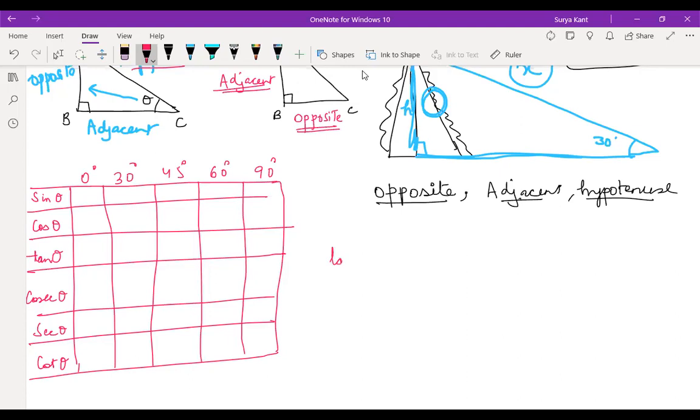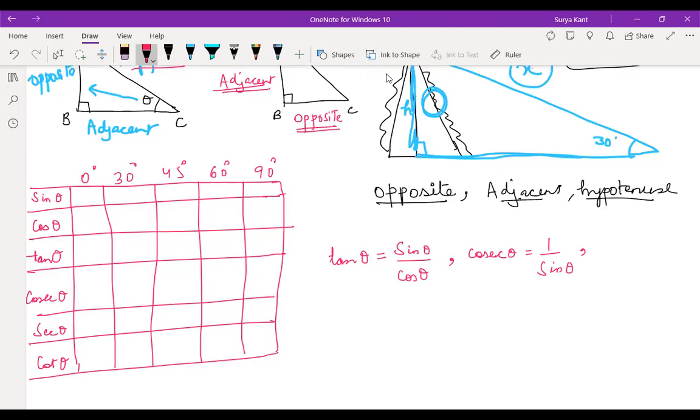What is tan theta? Tan theta is the ratio of sine theta divided by cos theta. Again, cosec theta is the reciprocal of sine theta, 1 by sin theta.